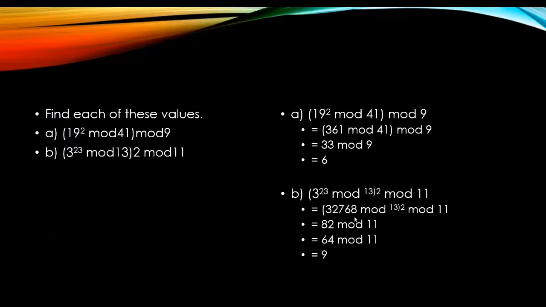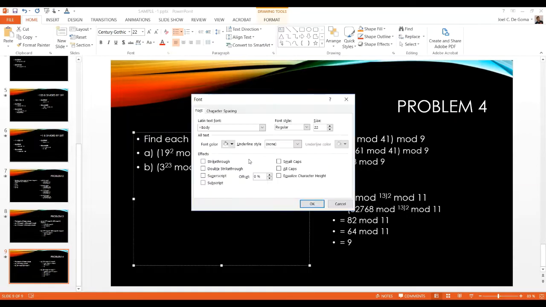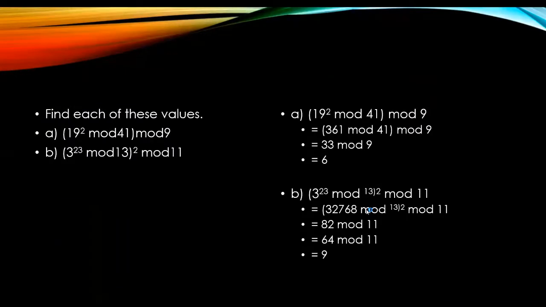Okay, let's go back. So again, this is the correct given. Still it should be squared. Going back, evaluate first the 19 squared.